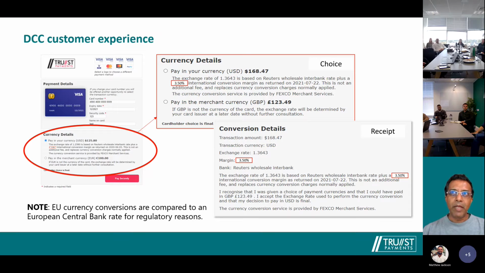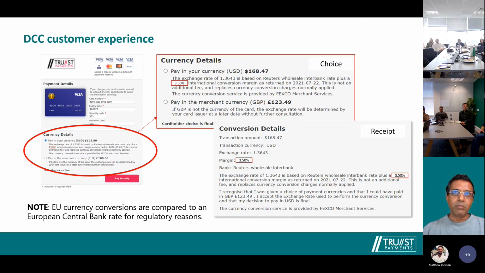Okay. And the problem is then, when you get deep into how FX rates are generated, but without going into that aspect, we're basing it on a rate essentially banks would use to do their own transactions. And we can do that because FEXCO operates in the FX markets and has access to those rates.